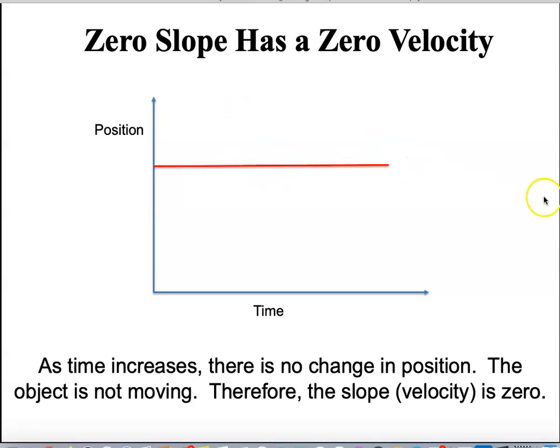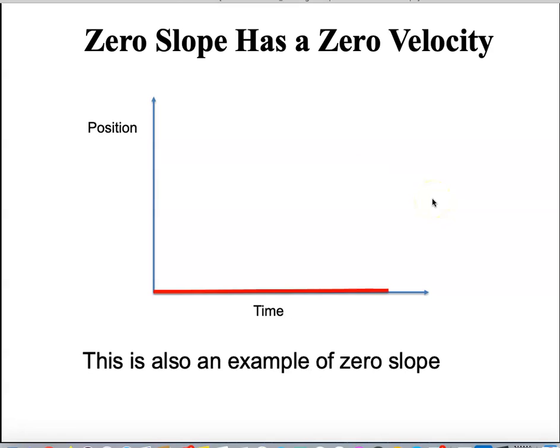That means the object is not moving. So therefore the slope here is 0, which means the velocity is 0. You can also have a 0 slope at the origin. And so the position you're at on a number line when you choose to stand still could be anywhere. It could be on the positive side, it could be at 0, it could be on the negative side.